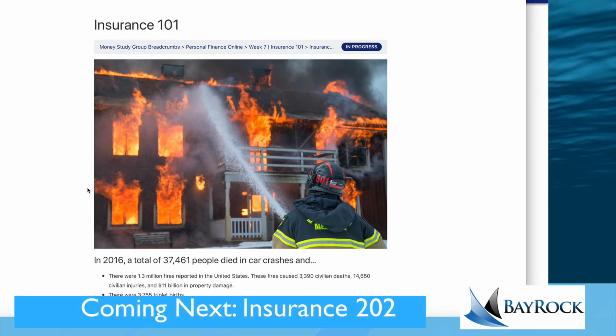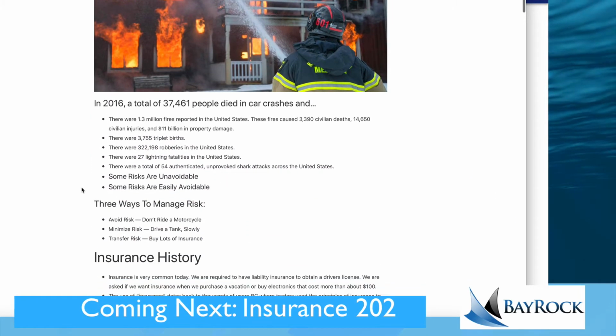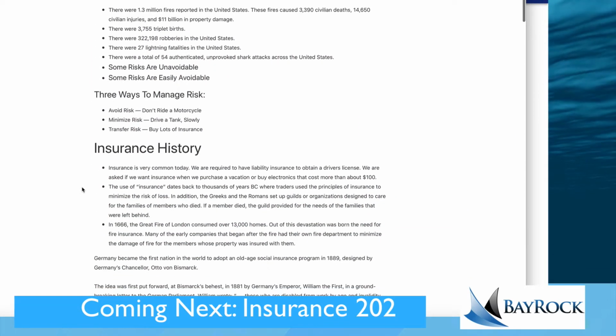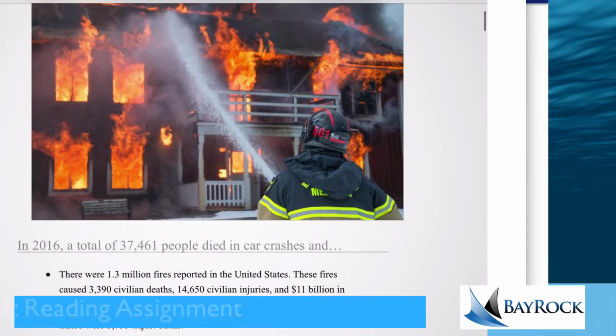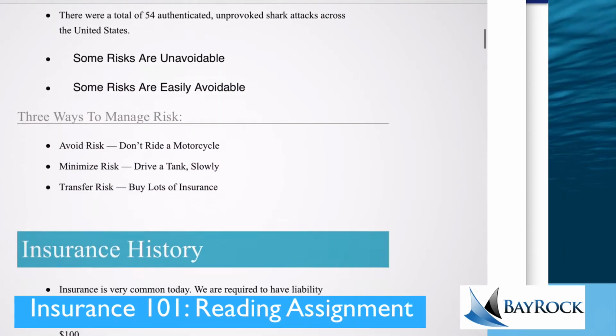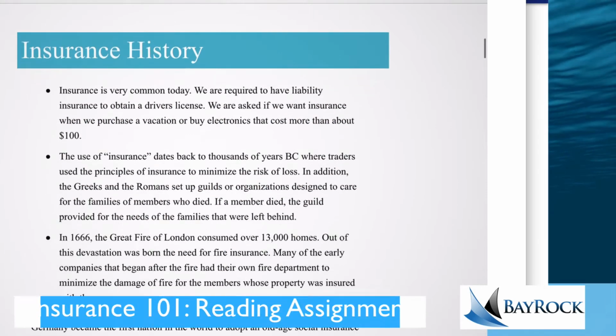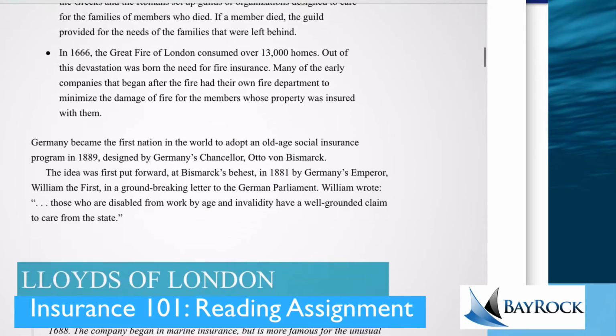But to get started, I wanted you to see that I posted just an article. I've got it in your course, as well as I can send you a PDF. I may post that in the course as well. But it gives an overview of insurance history. I think that's some interesting facts.